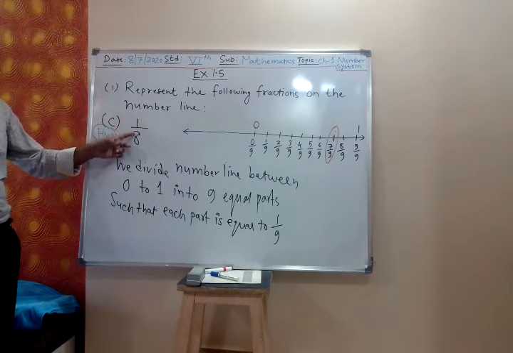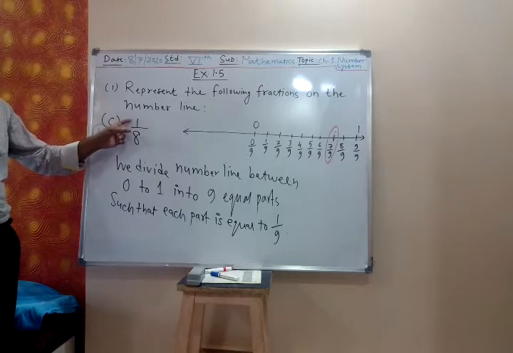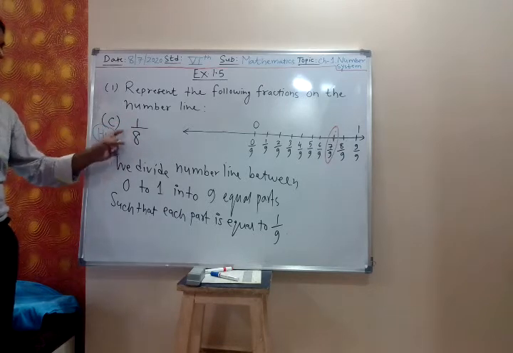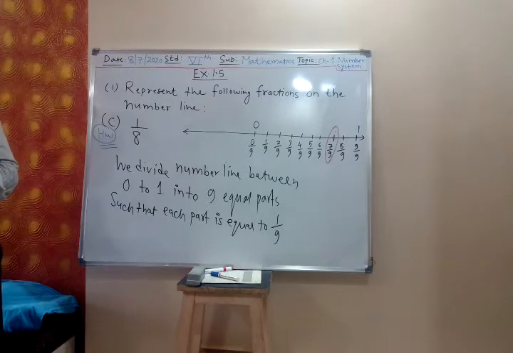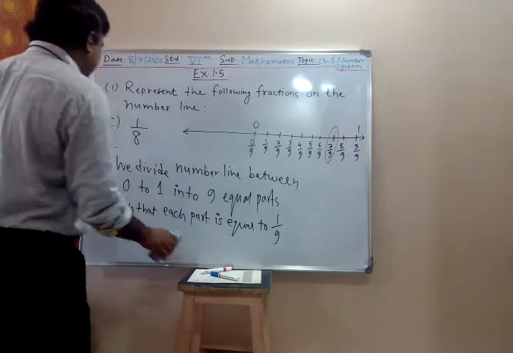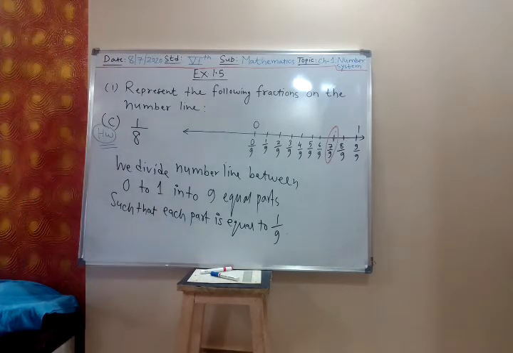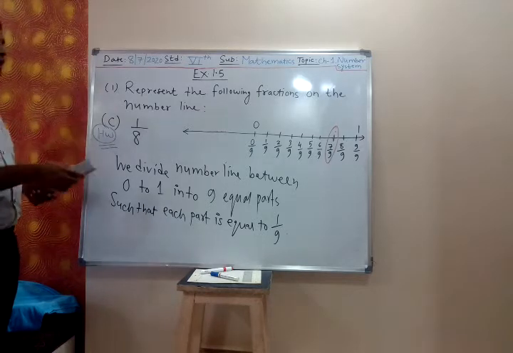C is 1 upon 8. You will divide the number line between 0 to 1 into 8 equal parts. C, 1 upon 8, is homework. Yes, write this.